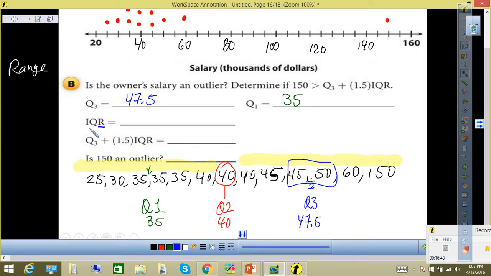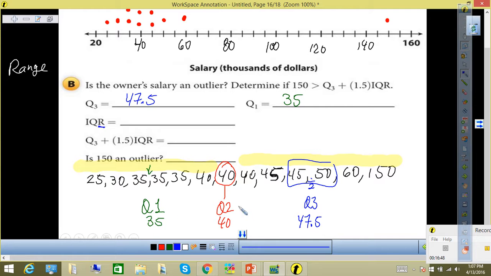Do we know what the Q's are? Yeah, so what would you subtract? Tell your neighbor. What would you subtract to find the interquartile range? Patrick, what would you subtract? 47.5 minus 35. Why?